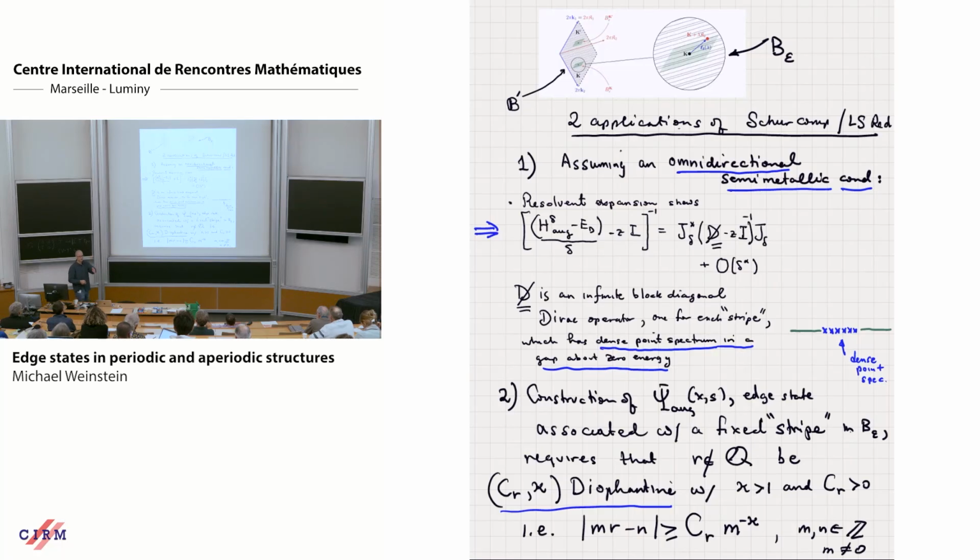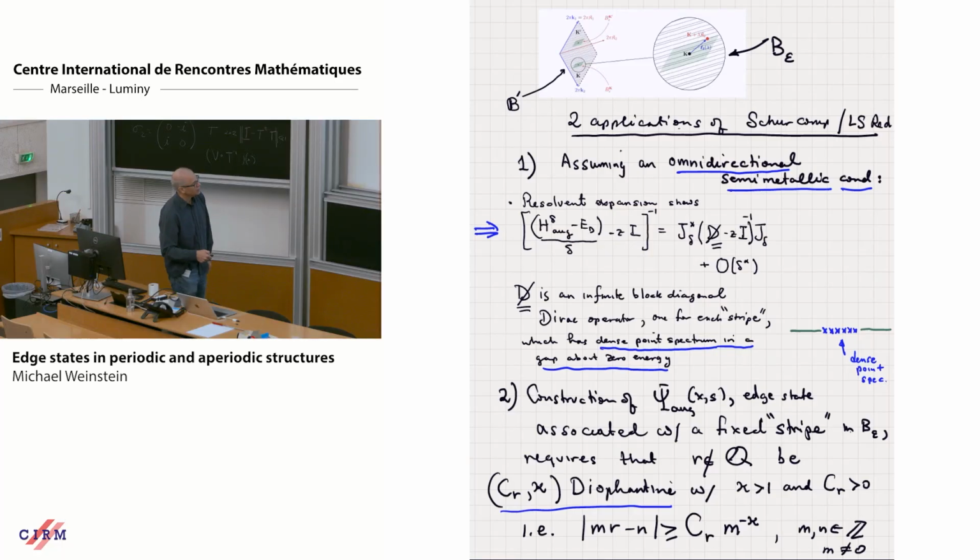There's going to be another Schur complement, Lyapunov-Schmidt reduction to a single stripe, and that's where it matters what the rational number is. At this point, one has to impose what's called a Diophantine condition, which, in some sense, most irrational numbers have. It means that the irrational number is poorly approximated by rational numbers.